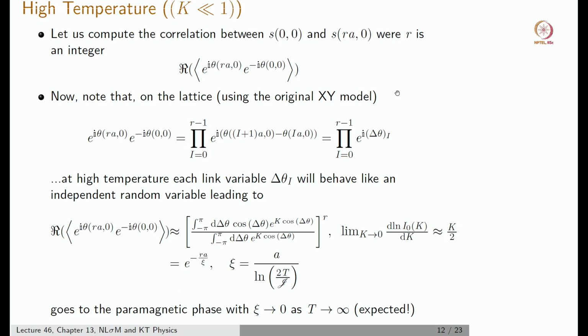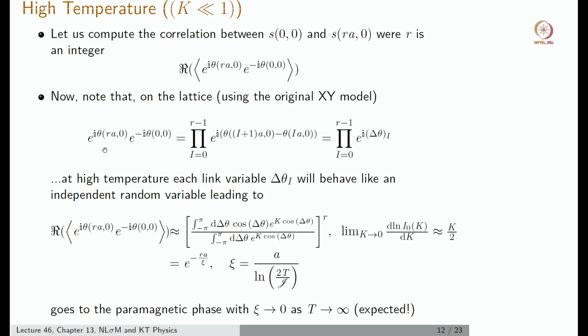Okay, now if you are at high temperatures and you can take the lattice picture itself, then you will see that this computation is actually very easy and it looks like the Ising model computation which we have done before. I will go through this briefly. So if you look at this product, that is between two lattice points which are R apart.